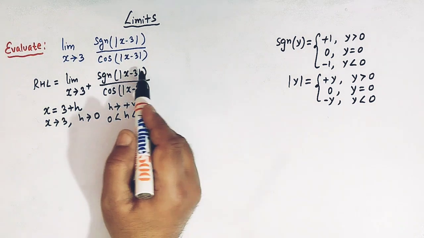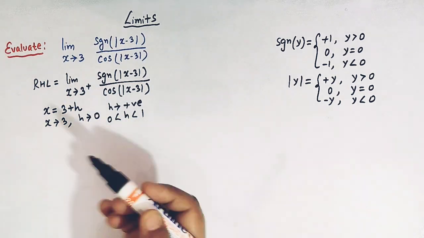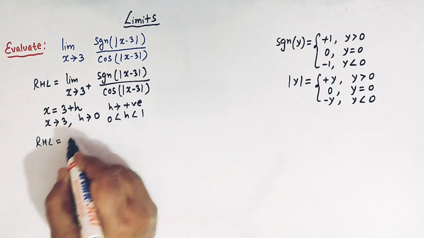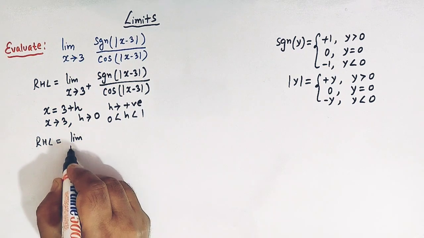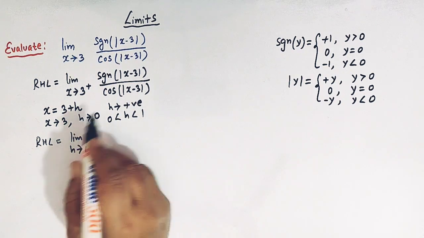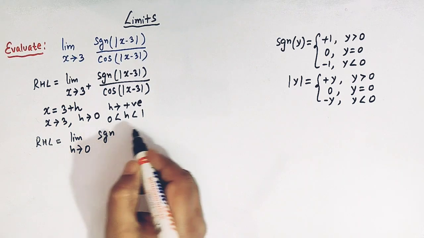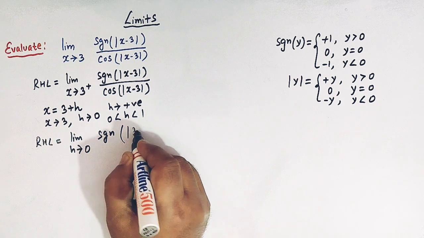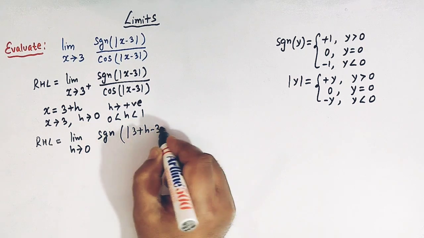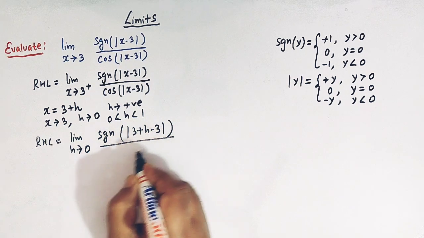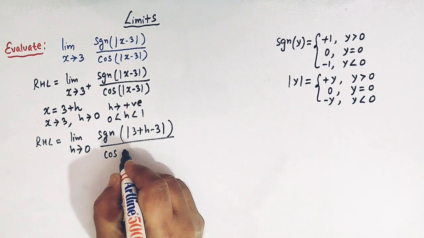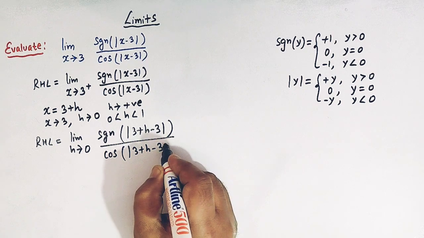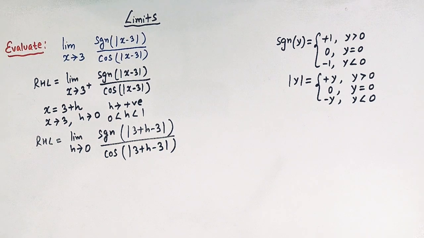Now if we convert this limit in terms of h, we can write this limit as limit h tends to 0 of signum of mod of 3 plus h minus 3, and in the denominator we have cos of mod of 3 plus h minus 3, right?